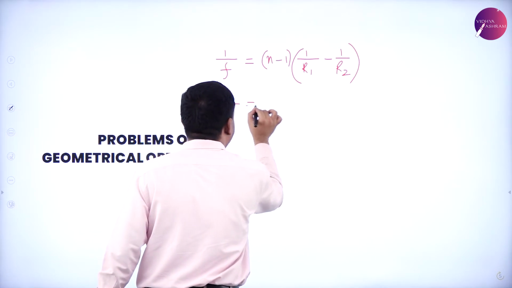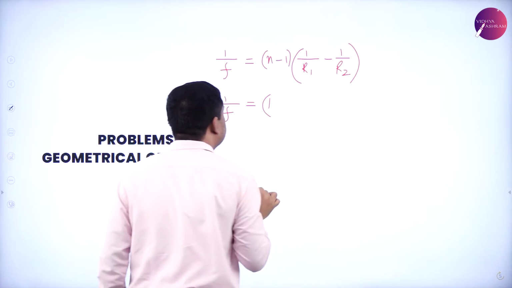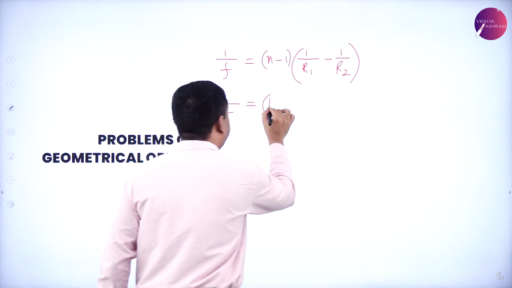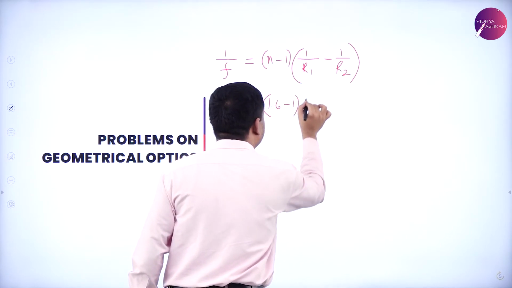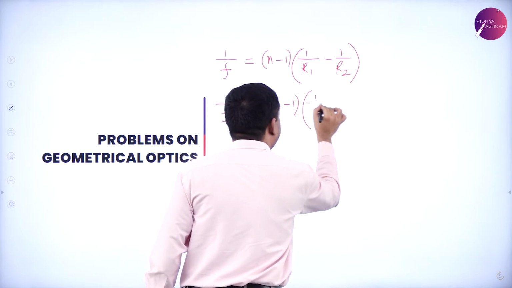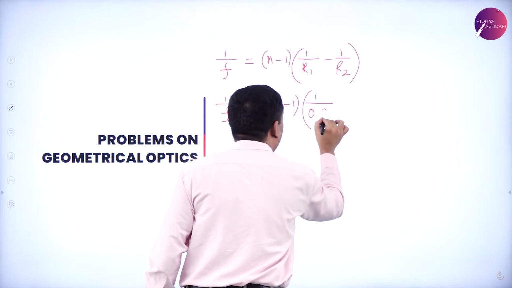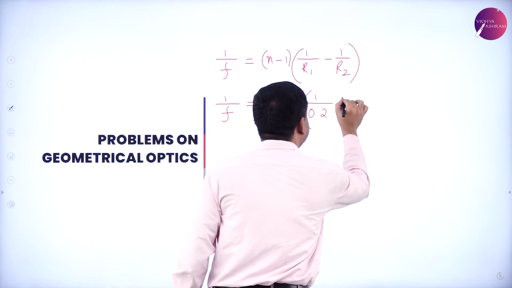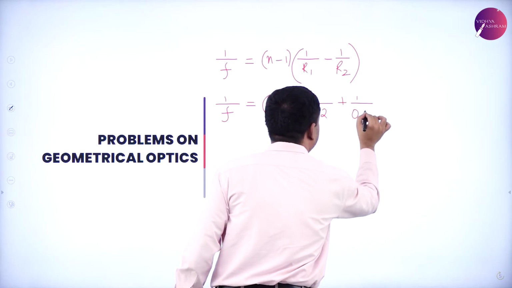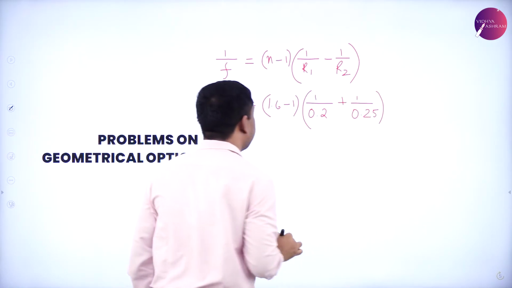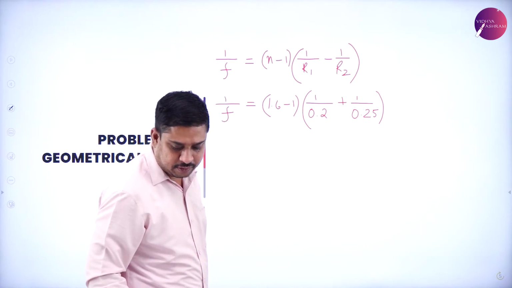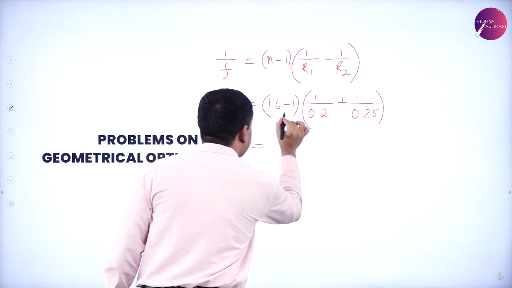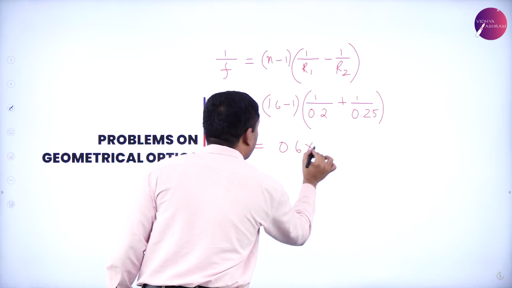1 by f is, so this is, if I go back, 1.6, n refractive index, minus 1. So 1 by R1 is 0.2, R2 is minus 0.25, minus into minus becomes plus, from which we have, so 1 by f is 0.6 into 9.